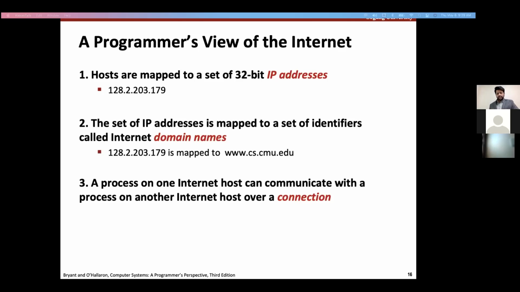So we have this IP address in dotted decimal notation, 128.2.203.179. This set of IP addresses is mapped to a set of identifiers called internet domain names, like sogang.ac.kr, which is an internet domain name for the IP address identification. And a process on one internet host can communicate with a process on another internet host over a connection. You just need to build a connection, and then they can start communicating with each other.